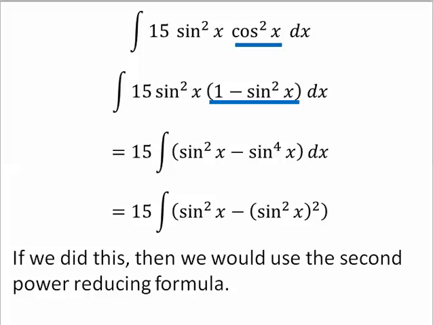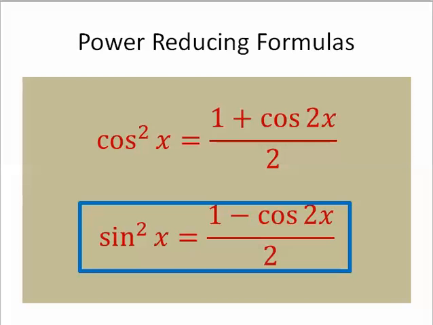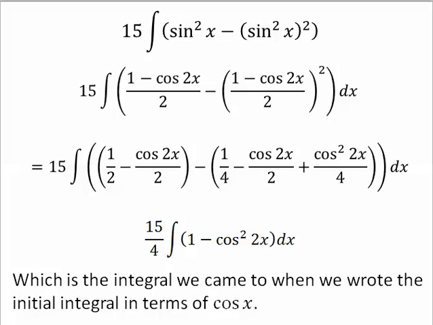If we did this, then we would use the second power reducing formula, the one for sine squared. But we would still come up to the same integral. And then remember, from here we used a power reducing formula again.